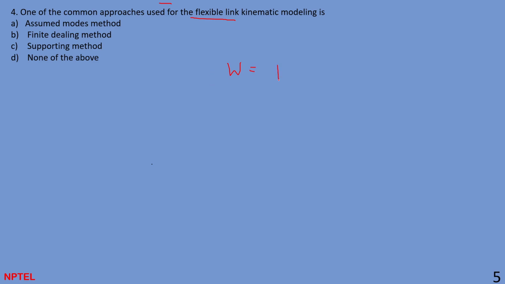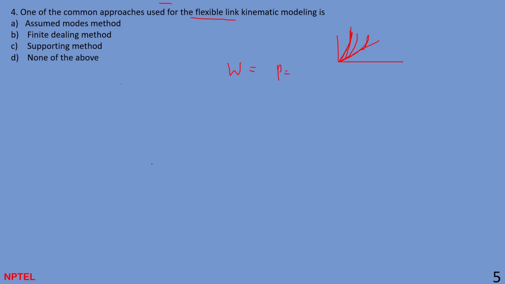Each mode looks something like this. This is mode 1, and if it's mode 2, then there is a small curvature. Whenever you increase the mode, the bending gets more curved, right?